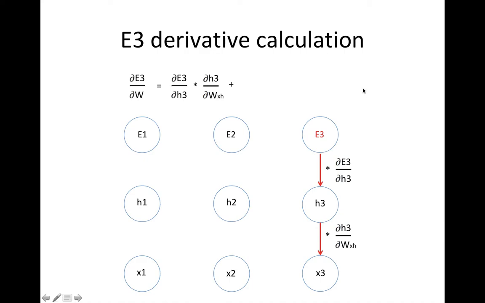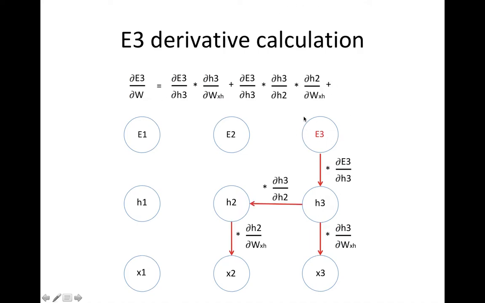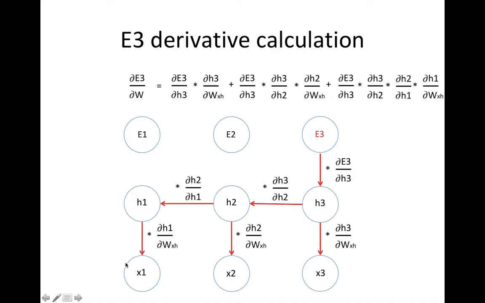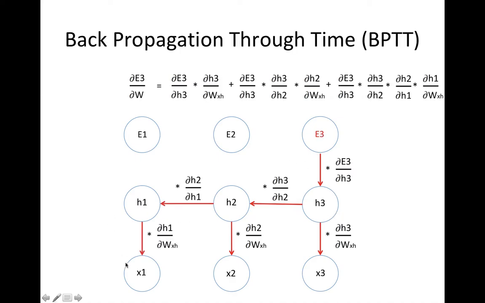Let's just talk about dE3 here. To get dE3, you need to apply the chain rule vertically. You also need to add this line, and also this line. This is dE3, and we call it backpropagation through time.